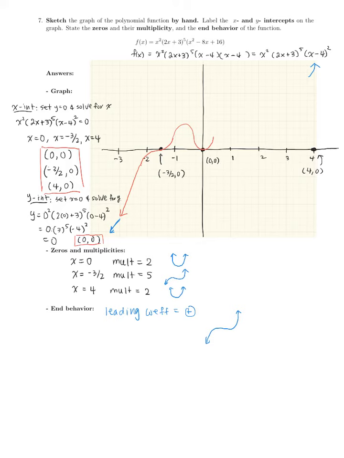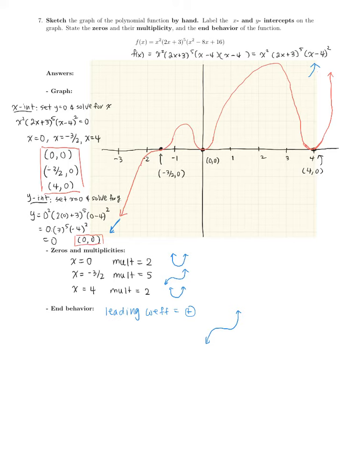So at x equals 4, this behavior must happen. Now, since the tail end is going to go upward, I'm just going to go like that. Okay, now I'm not quite sure what's going to happen between x equals 0 and 4, but I'm going to assume that it's going to do something like this.